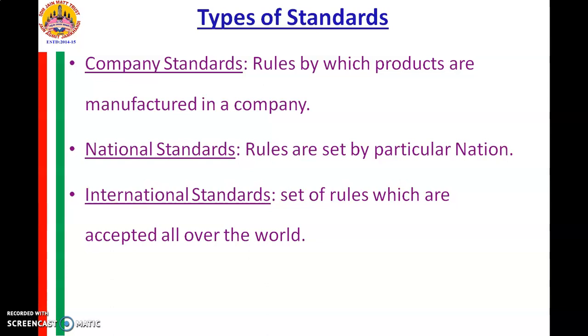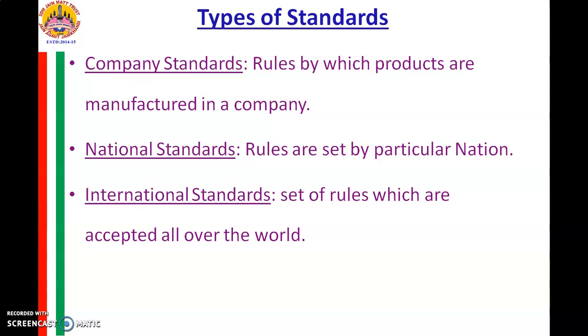For example, if earth movers like Tata Hitachi or other earth mover and automobile vehicles are to be manufactured in the BEML company, that is Bharat Earth Movers Limited, they will set some rules to manufacture that particular vehicle, right?